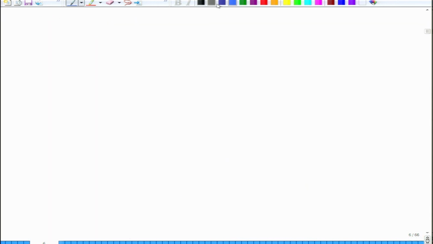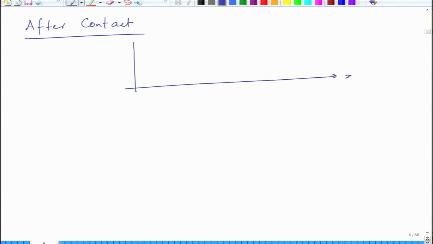Now let us see what happens after the contact. When you draw after the contact, I am not going to draw the whole device here. So this is let us say P plus. After contact, just at time t is equal to 0, just when they are put together, just right at this time.